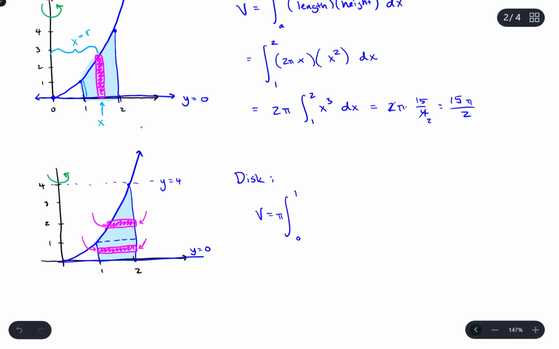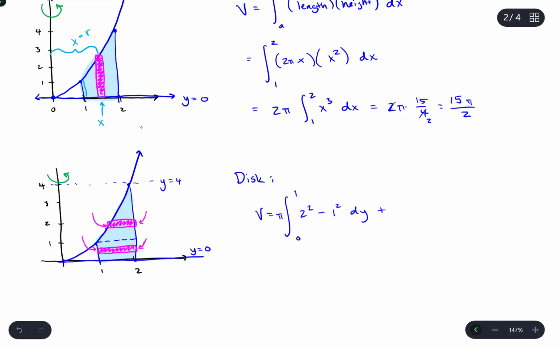Let me put pi on the outside here. The outer radius is this side, which is always 2, so that's going to be 2 squared. And then we're going to subtract the inner radius, which would always be 1 squared, and that would be dy. Okay, so then that would give me the volume of this part.